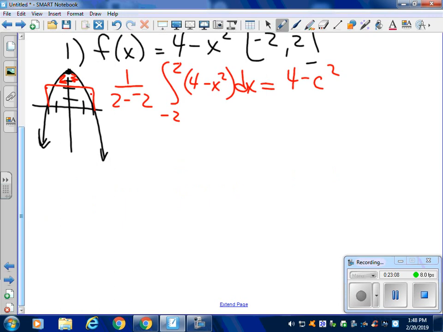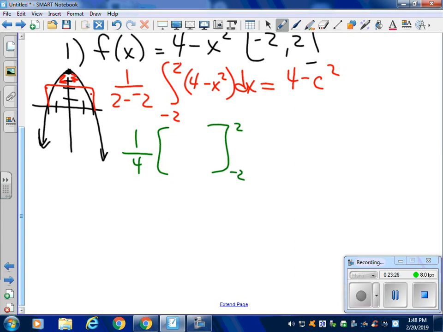All right. So 1 over 2 minus negative 2 is just 1 over 4, right? Everybody agree with that? Okay. So we're going to integrate from negative 2 to positive 2. Well, hold on. I meant to write the other symbol. From negative 2 to positive 2.